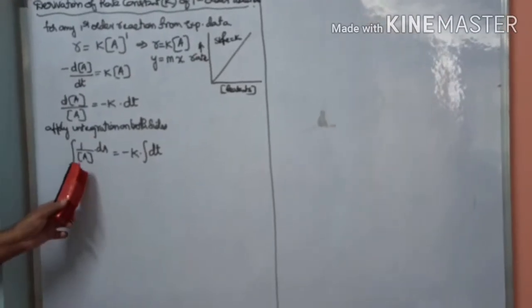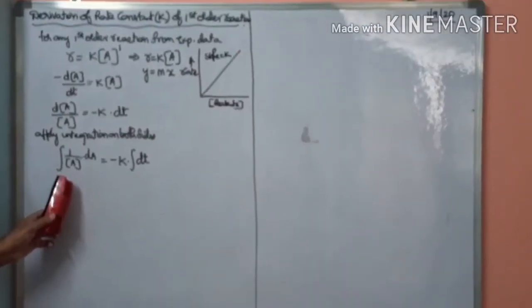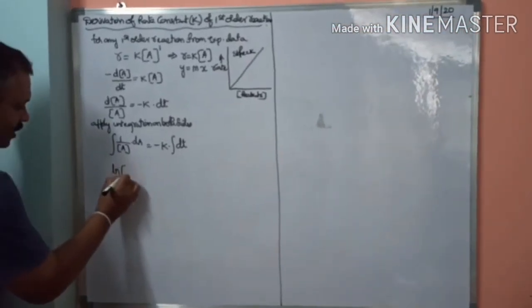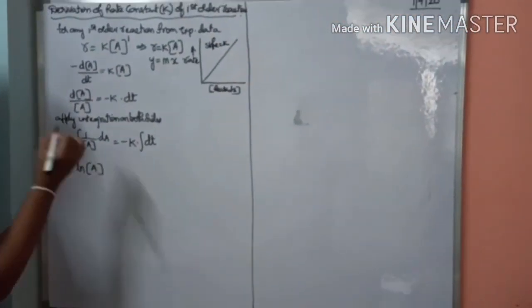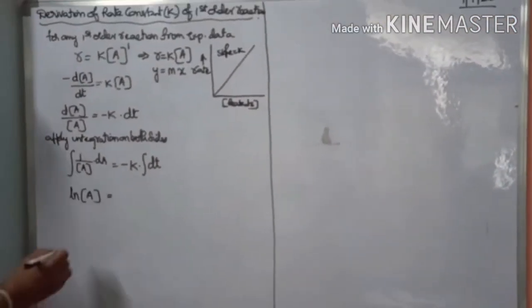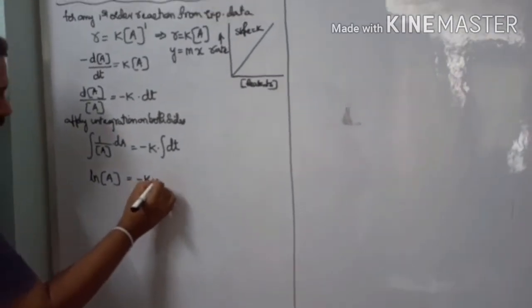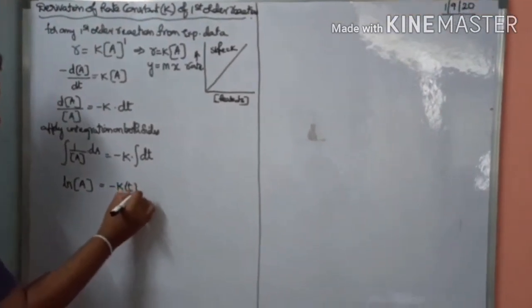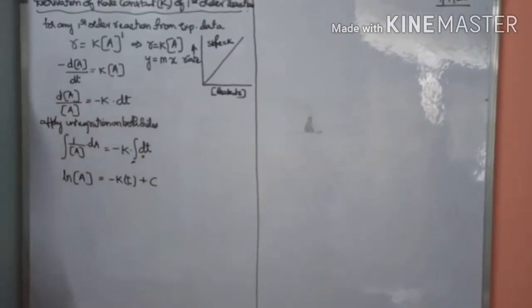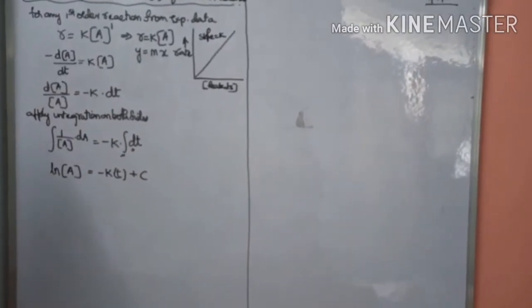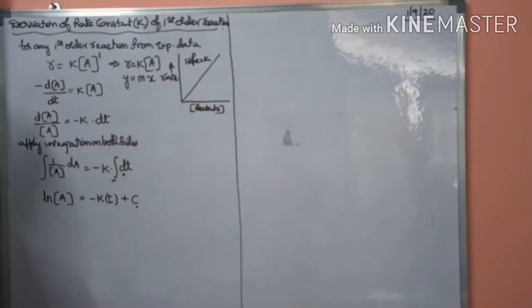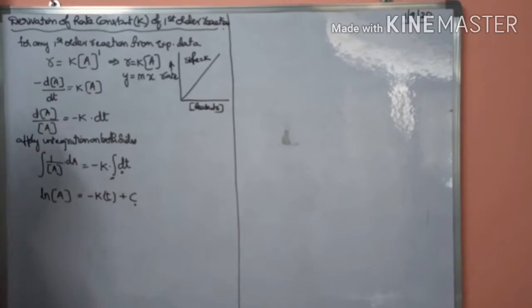Remember, integral of 1 by A dA is nothing but log A. Being a scientific term, we prefer to write ln, which is natural logarithm, equal to minus of K into t, because integration and differentiation are opposite mathematical operators, so they get cancelled out, but they are not exactly equal, so you get an integration constant of C.